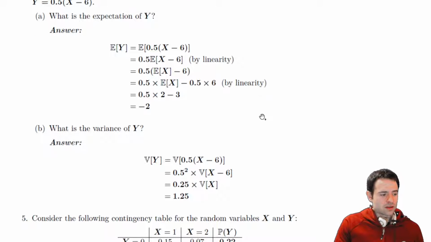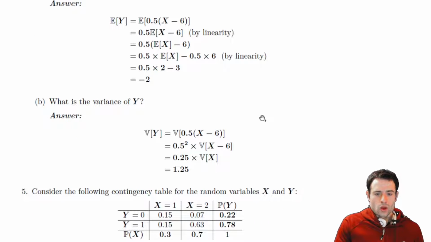Now, what is the variance of y? Again, the variance of y is the variance of 0.5 times x minus 6. Now be careful. If I want to take the 0.5 out, because we are looking at a variance and there is a square in the formula, I need to square this 0.5 if I want to take it out of the brackets. So this is how I end up with 0.5 squared times the variance of x minus 6.